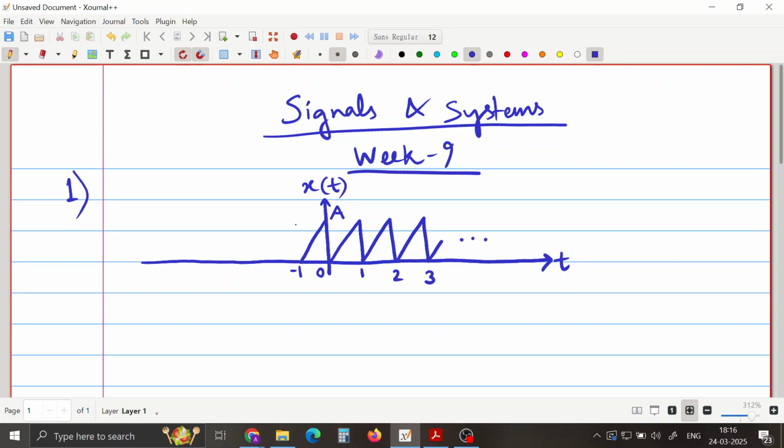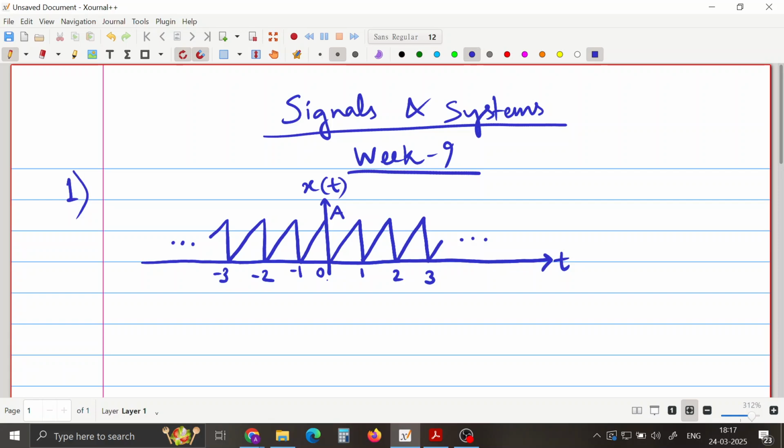Similarly, in the negative direction, in negative time, we also have the same pattern, and so on. So it is clearly a periodic signal.